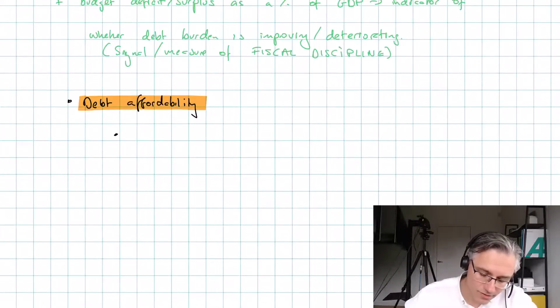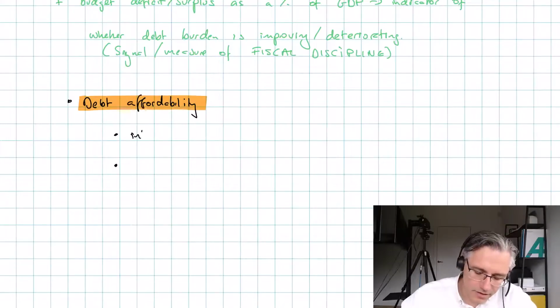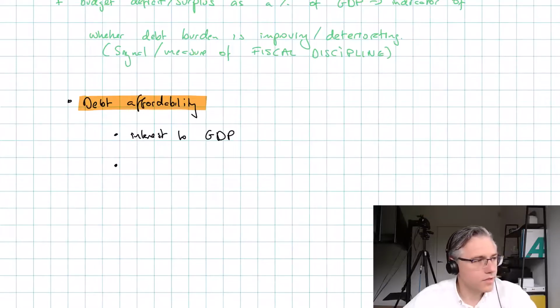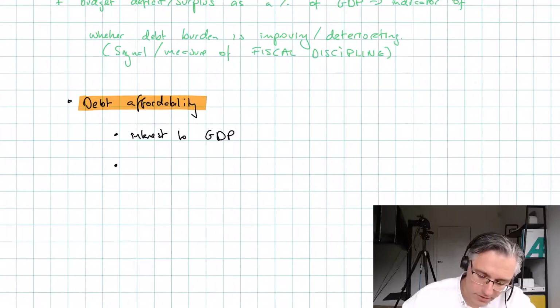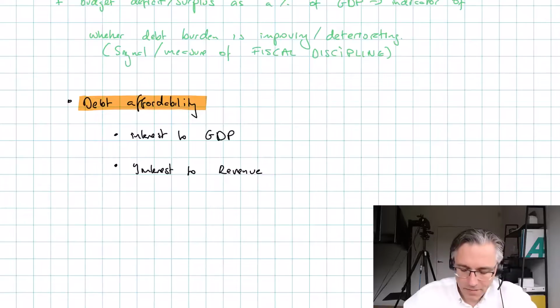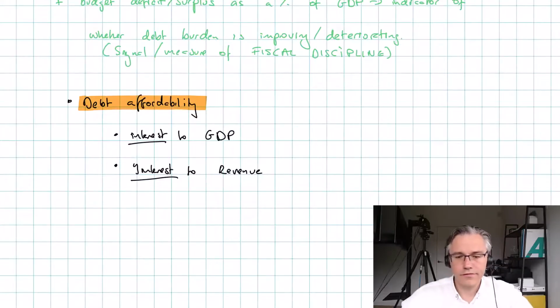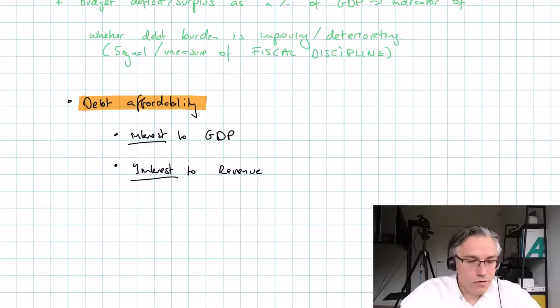It's not constructed in the same way, but we will be looking at things like interest to GDP. How much interest a government has to pay on its debt relative to its GDP, or how much interest it has to pay relative to its revenue. And of course, if the amount of interest relative to GDP or revenue is higher, then it's a sign of lower credit quality.